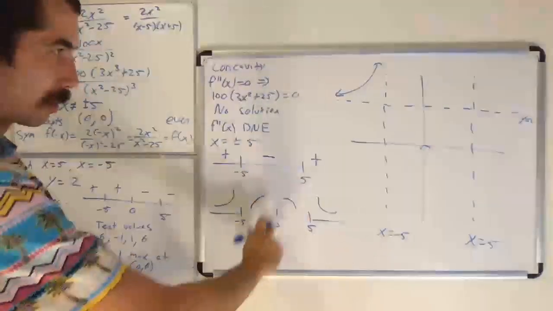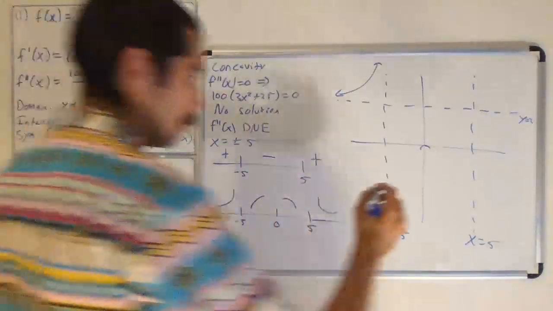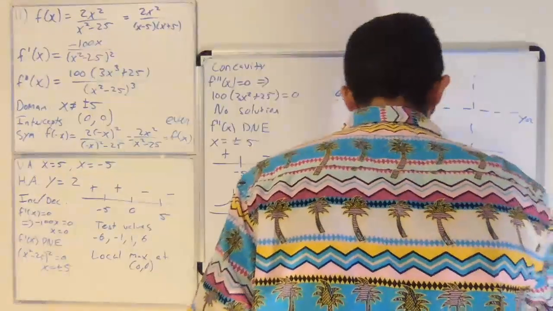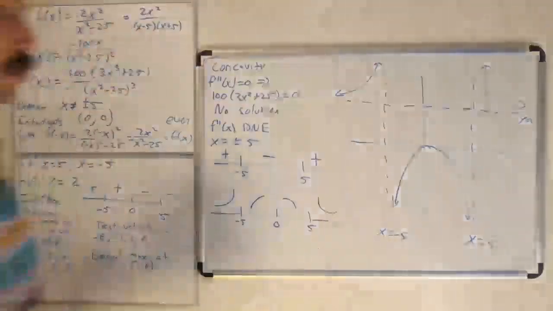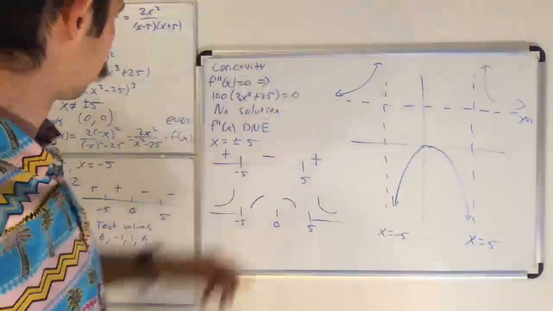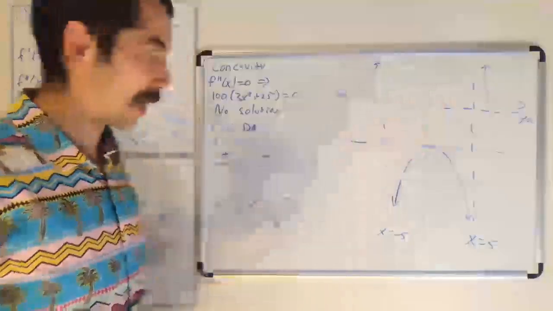From -5 to 0, it is increasing concave down. And so it's going to look like this. And we should just check. I mean, the picture isn't perfect, but we had even symmetry. So it should be symmetric about the y-axis. And it is.